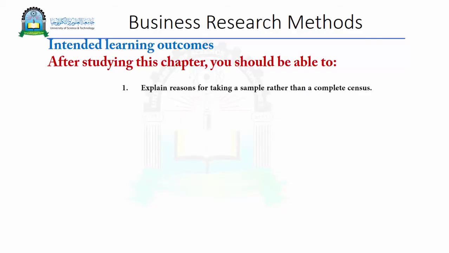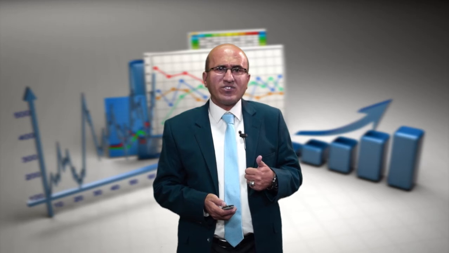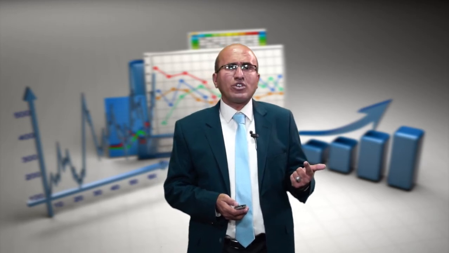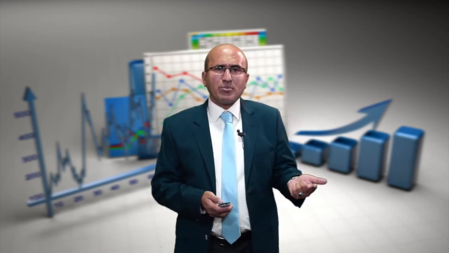So the intended learning outcomes are that after studying this chapter or this session, the student should be able to explain reasons for taking the sample rather than a complete census. It's difficult to get the complete census and population, so we can take a representative sample.